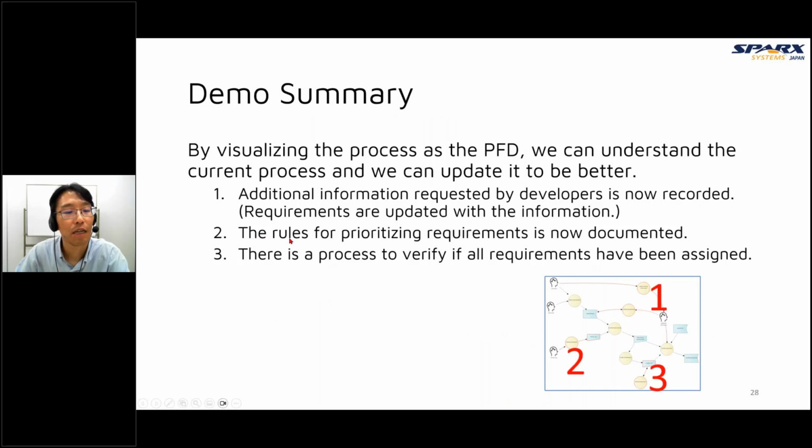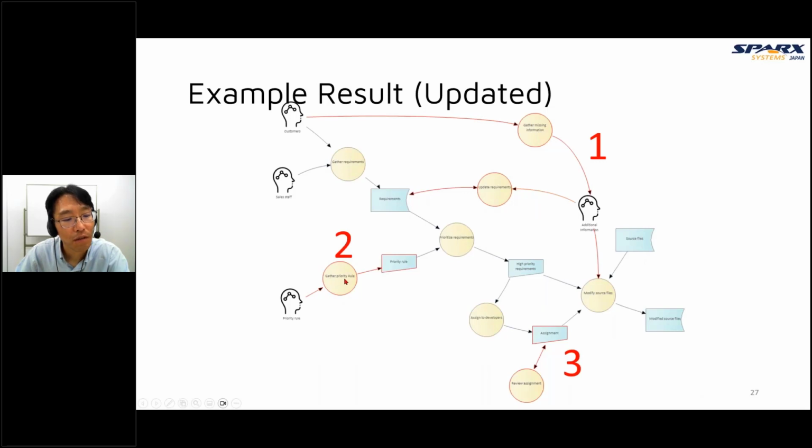So now priority rules are documented by adding a process to gather priority rules and create this priority rules document. So now, if he or she is absent, it's no problem because there is a priority rules document, so we can check how to prioritize requirements by checking this document.